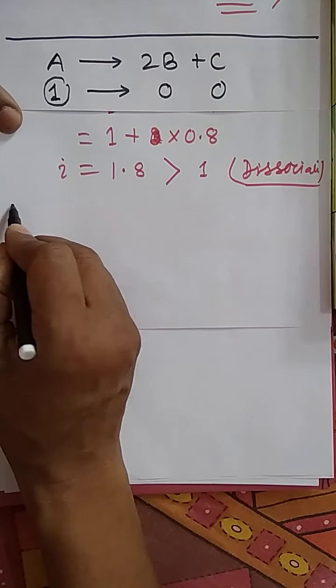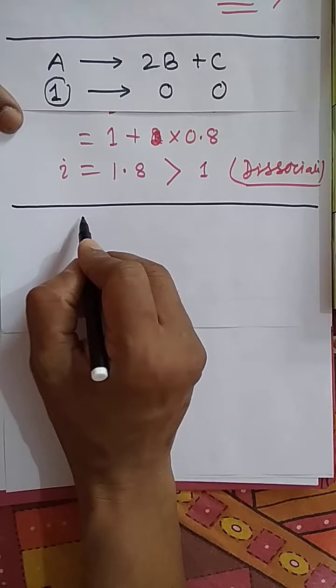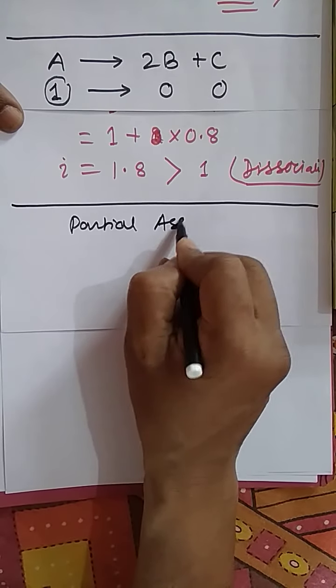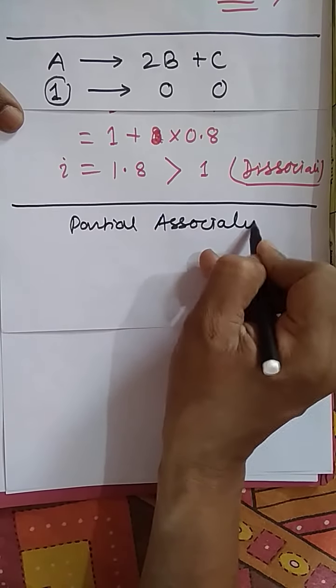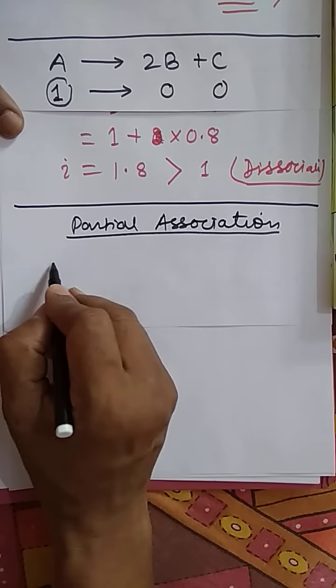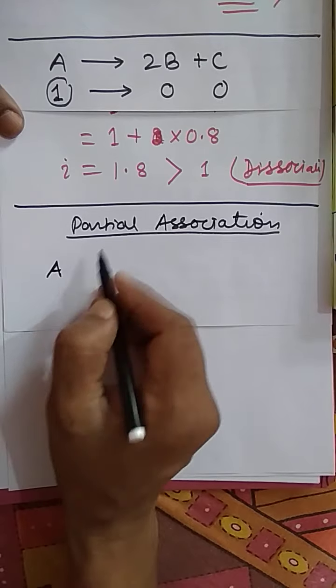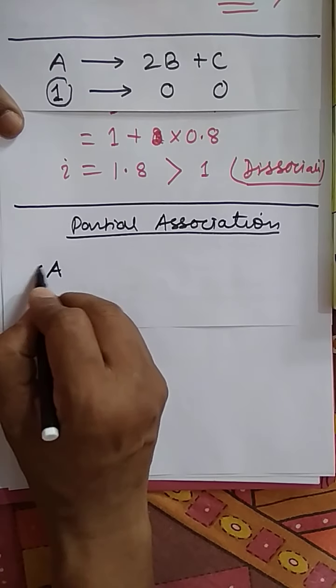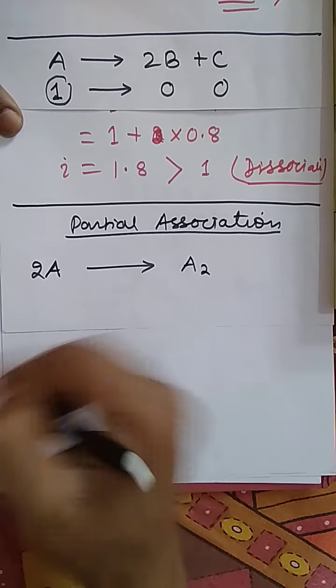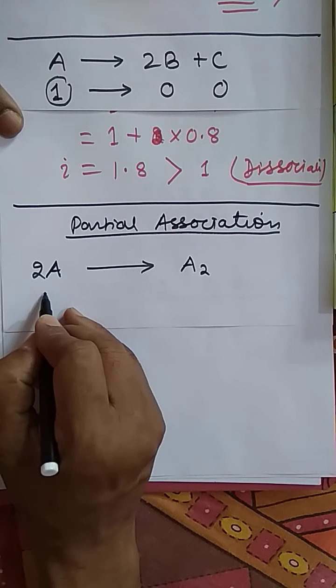Now come on, in case of partial association. So in case of association, suppose 2A changes into A2, means dimer formation is there.